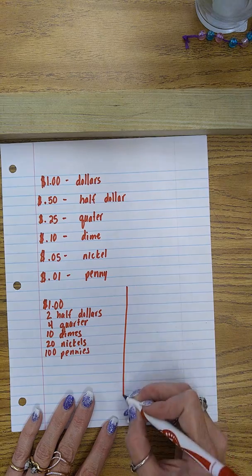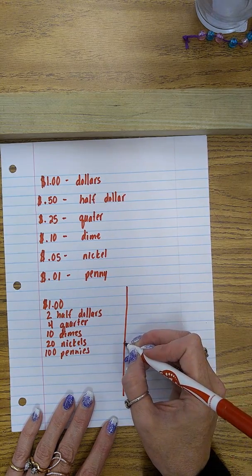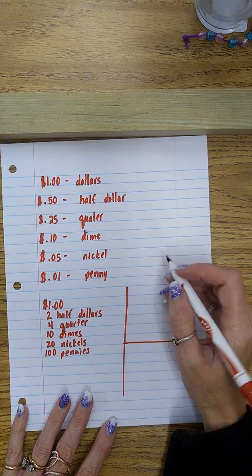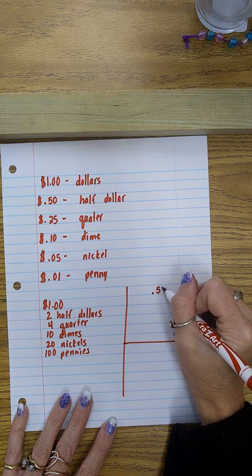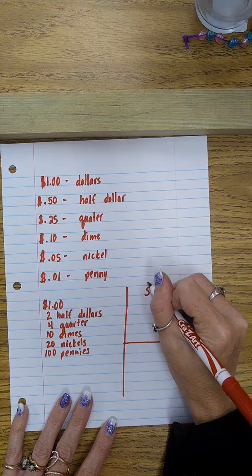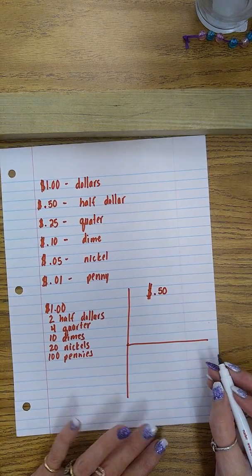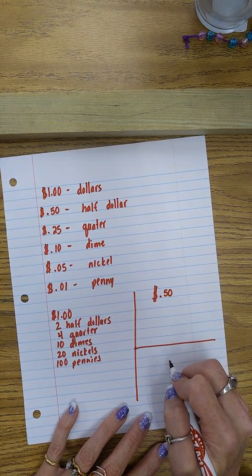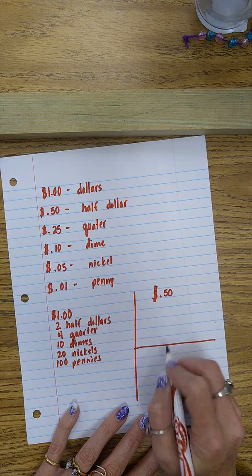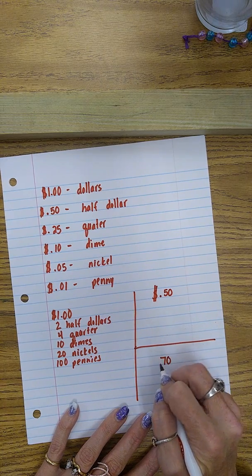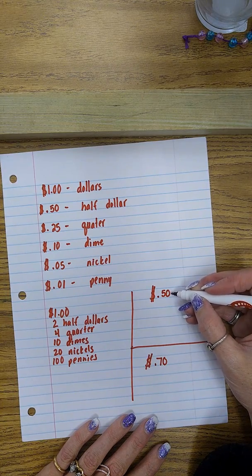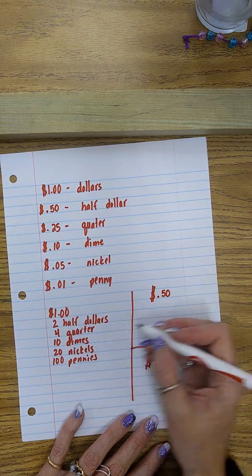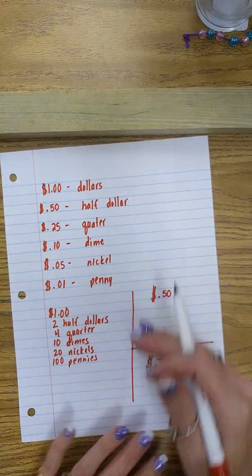So let's have the students work on 2 denominations. I want them to break up 50 cents. And I want them to break up 70 cents. So have the kids break up these 2 amounts into different denominations. It could be mixed denominations.